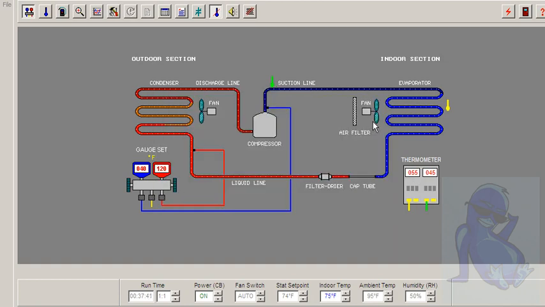Now, question: what will happen to our delta T if we lower the humidity? Do you think the delta T will go up or will it go down? Let's try it. Instead of 50% humidity, let's drop the humidity down to 20%. Let's increase our run time to make some time go by. And look at that.